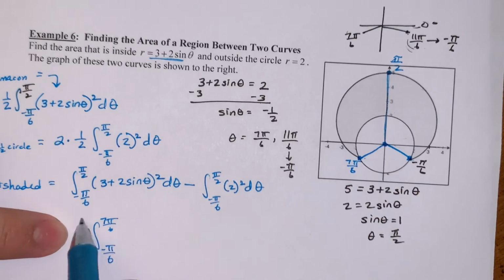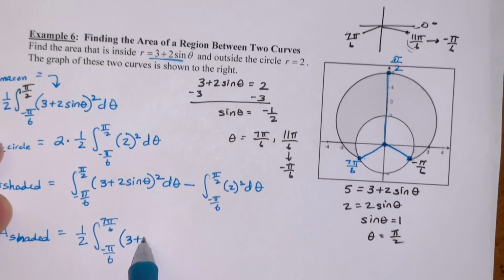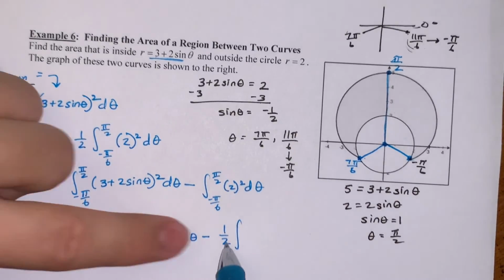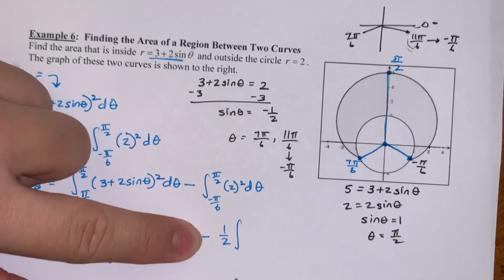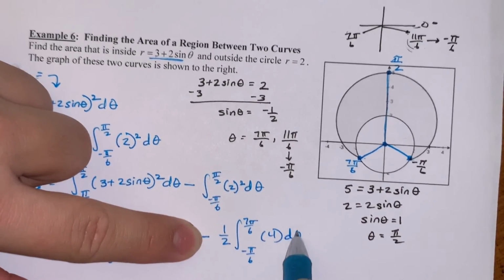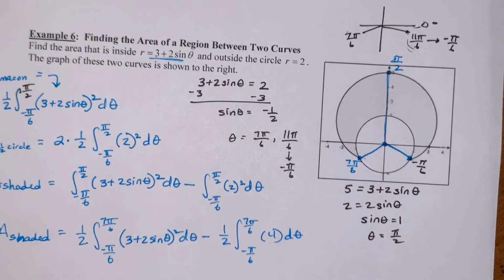And again, I'm not doubling it, so I have to leave the 1/2 there of that whole thing, 3 plus 2 sine of theta squared d theta, minus 1/2, because I'm not doubling the area anymore, the integral from negative pi over 6 to 7 pi over 6 of 4 d theta. Both of these will give you the exact same answer.